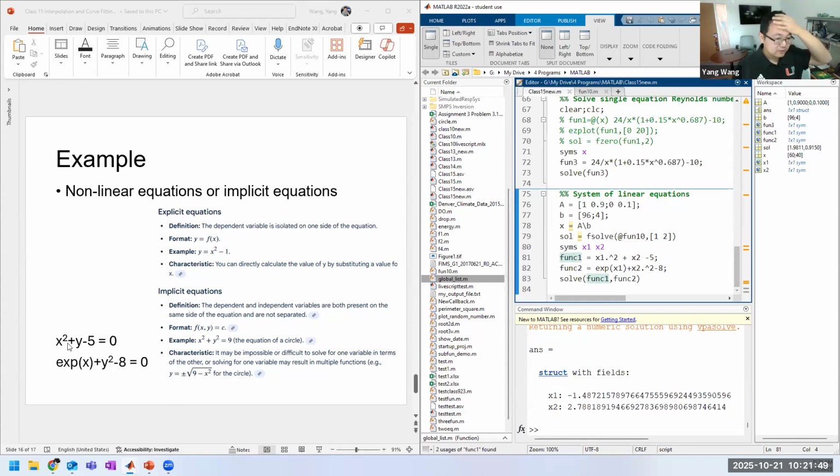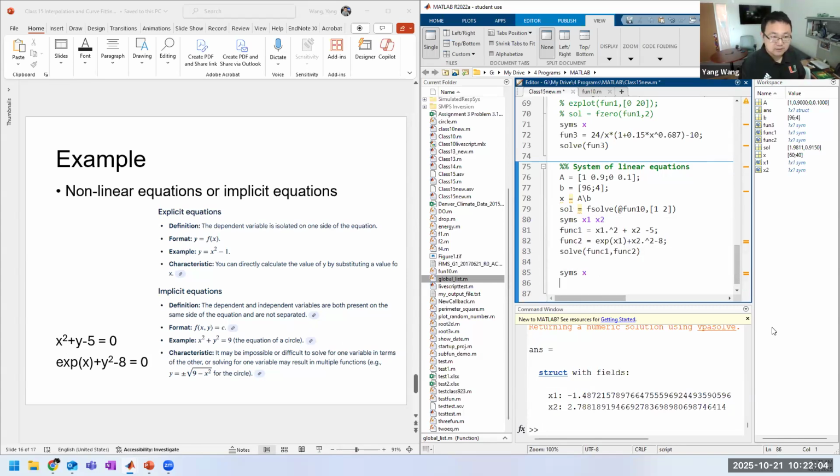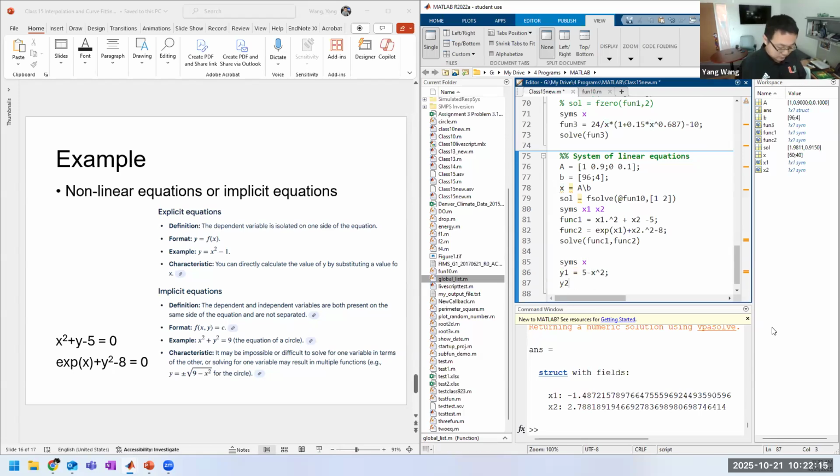So how do we make the plots? We can just do y equals 5 minus x squared, and then y equals the square root of exponential x, right? So basically, with y1 being 5 minus x to the power of 2, and y2 being, say, 8 minus exponential x to the power of 5.